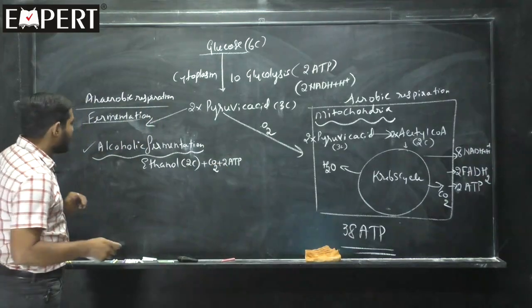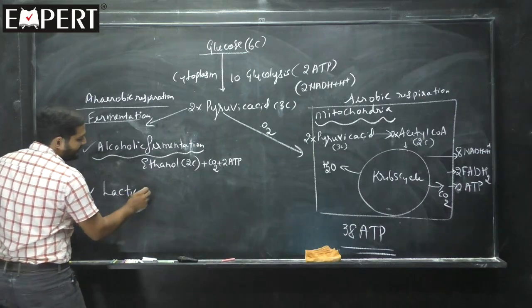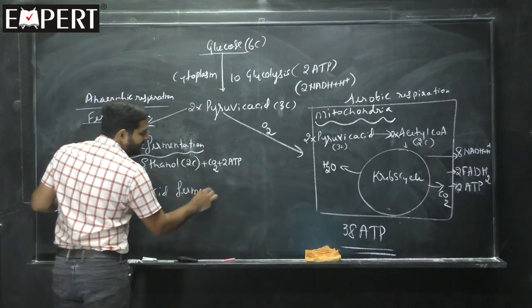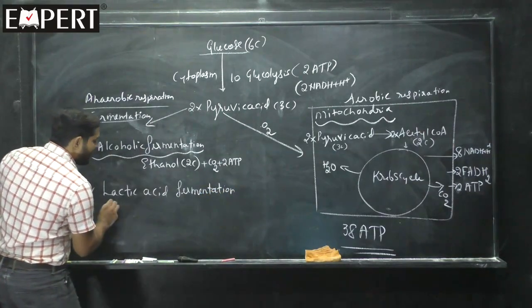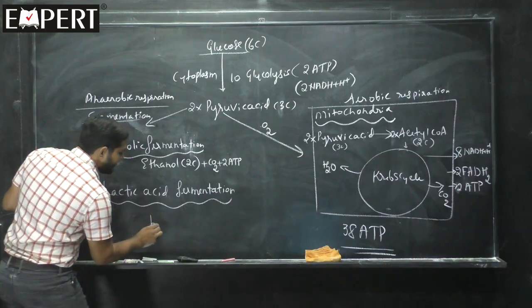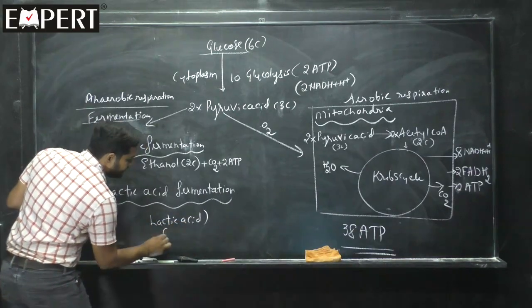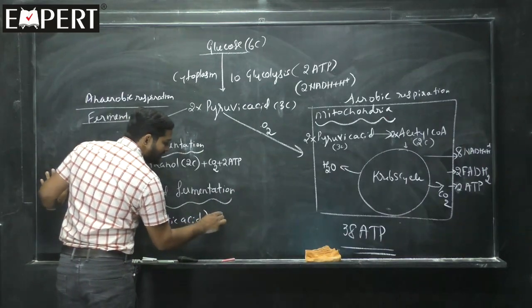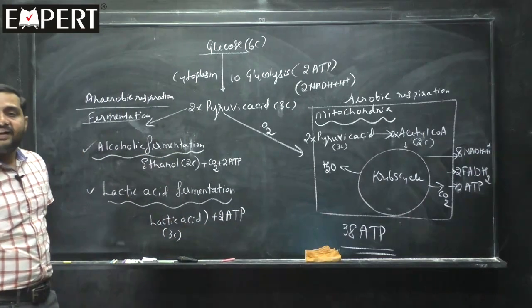Clear, students? It can be lactic acid fermentation, where the product is lactic acid having 3 carbons, plus CO2 is not there, but 2 ATPs are there. So, net yield of ATP is how many?